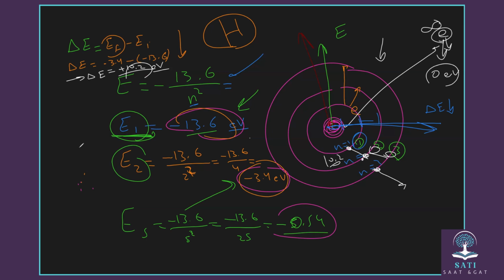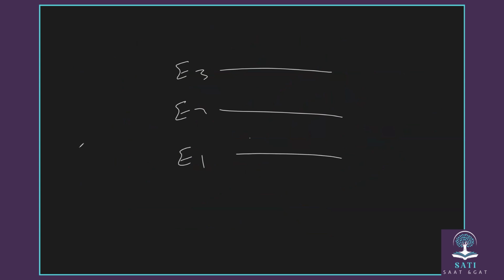Okay, how do questions come with respect to what we explained? Here, for example, is energy level number 3, here energy level number 2, and here energy level number 1.